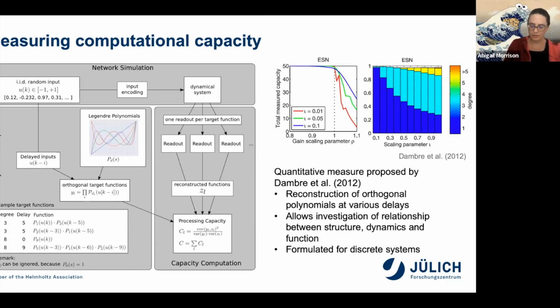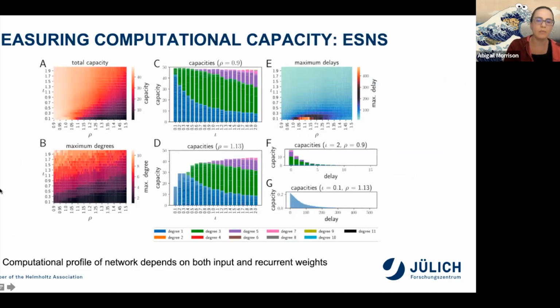So if we take this measurement or this technique, then we can apply it in a systematic way to understand, or at least to get an insight into, how the capacity profile of a system can change depending on various parameters. So here, following the approach of Dambre, we're looking at the capacity of an echo state network with respect to its recurrent weights and with respect to its input weights.